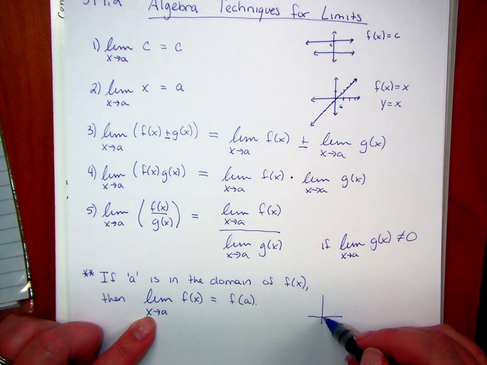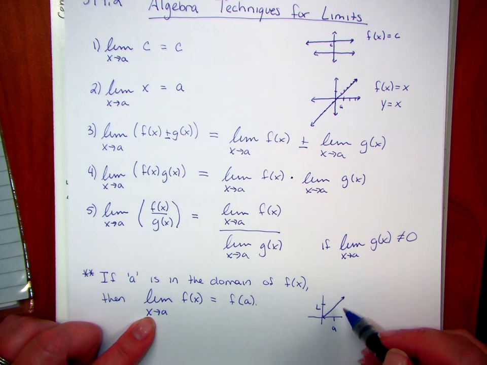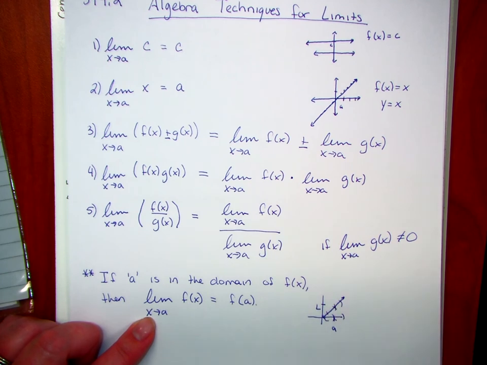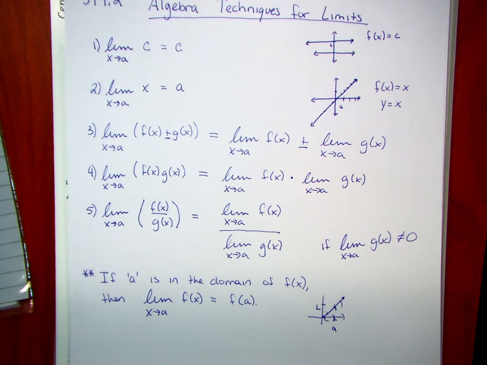It's a nice smooth curve, so it doesn't matter if we're approaching just on the right or on the left. Those function values are going to be approaching that point regardless. So our goal is to find a function that a is in the domain of.